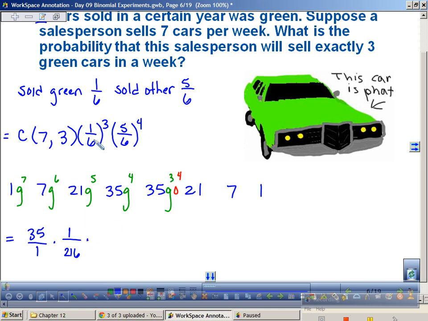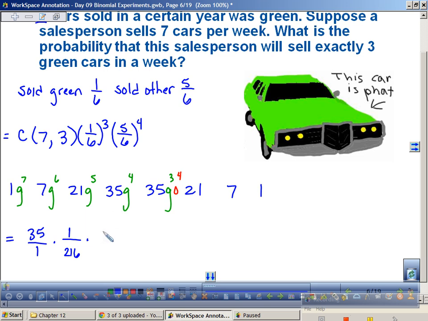Now, most of you aren't going to want to do this work, but it's laying the groundwork for later. When you have problems like, what's the probability of him selling 3 or more green cars, then you got to do 3, 4, 5, 6, right? And now I've shown you that there's relationships, so you're going to have symmetry sometimes. You'll get it in a second.